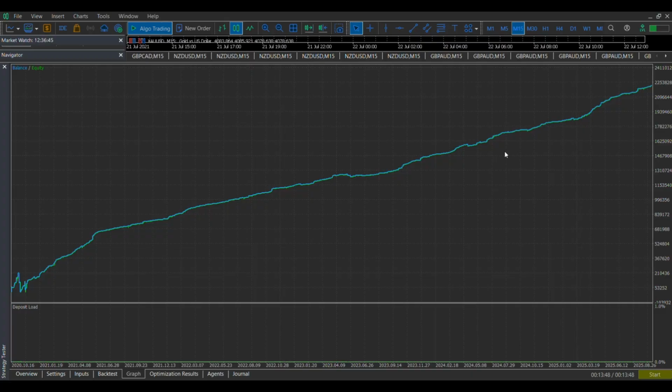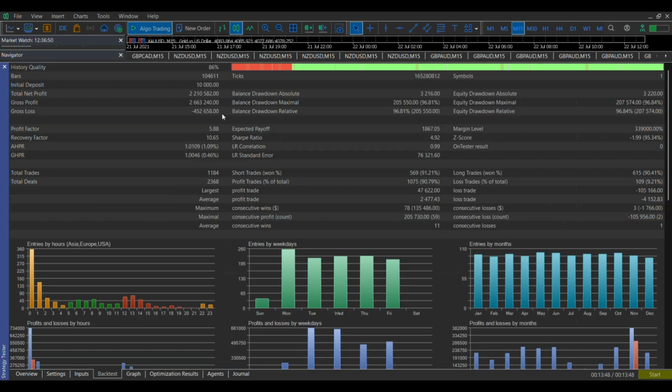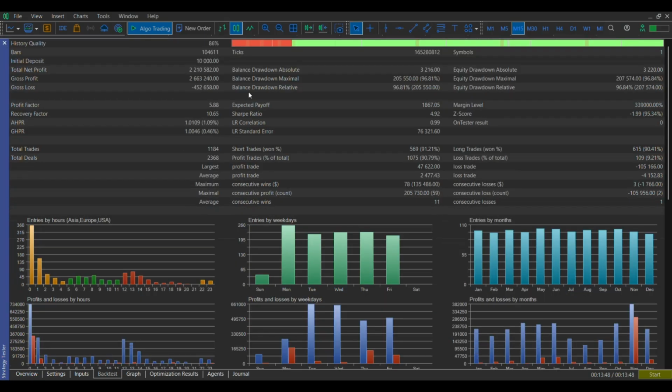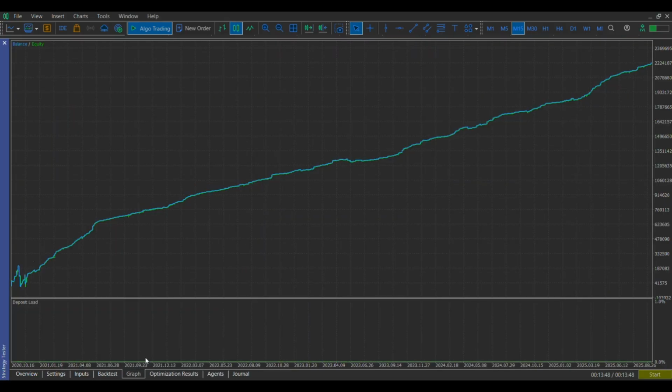Backtesting is completed, so we will move to the result of the backtesting. Let's maximize this mode. Here you can see, first you can focus on the starting history quality, around 2020 data, which was in a loss.